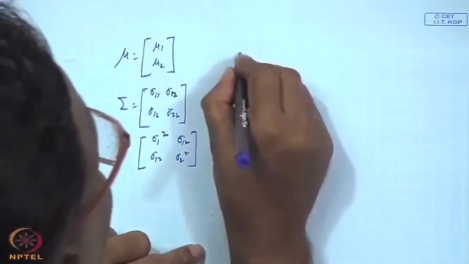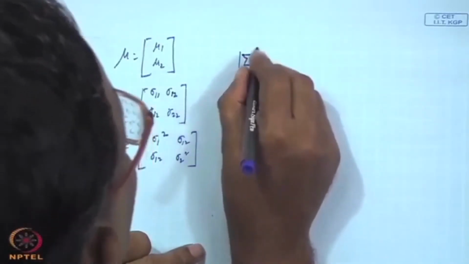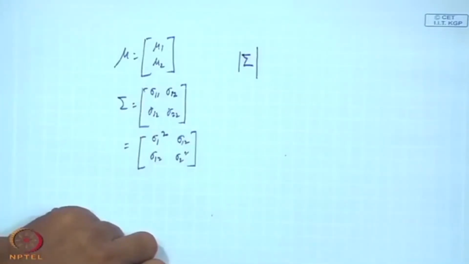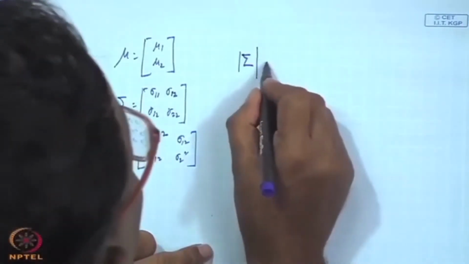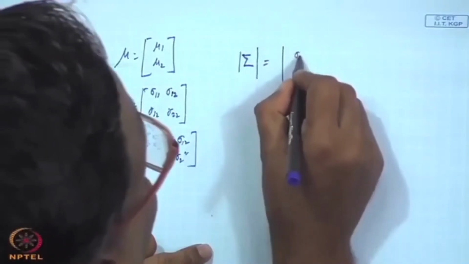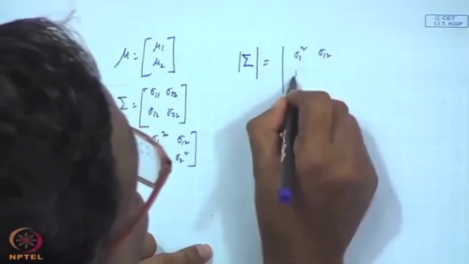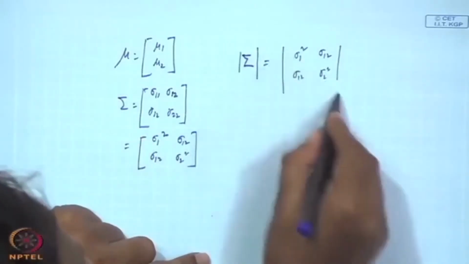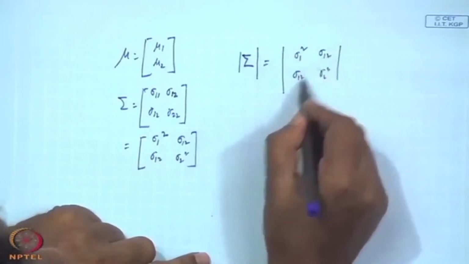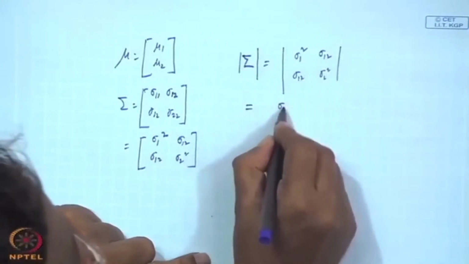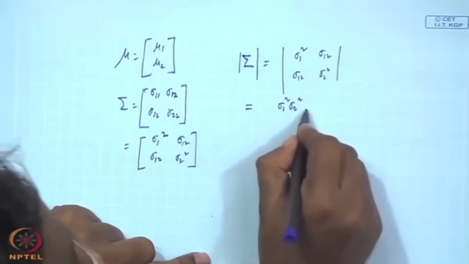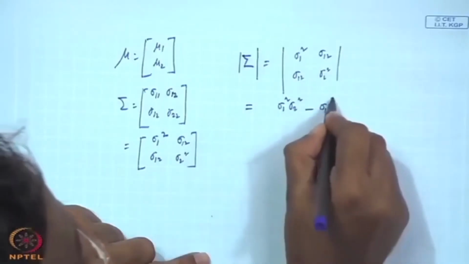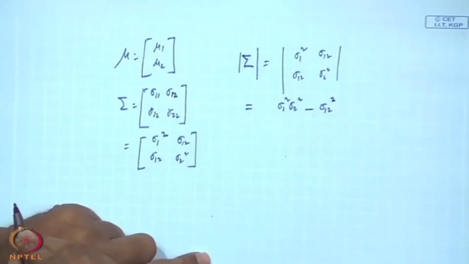Okay. So, if I take the determinant of sigma, what is the determinant of sigma? Here sigma 1 square, sigma 1 2, sigma 1 2, sigma 2 square. You know that the determinant will be this cross this minus this cross this. So, this one is sigma 1 square, sigma 2 square minus sigma 1 2 square, correct.